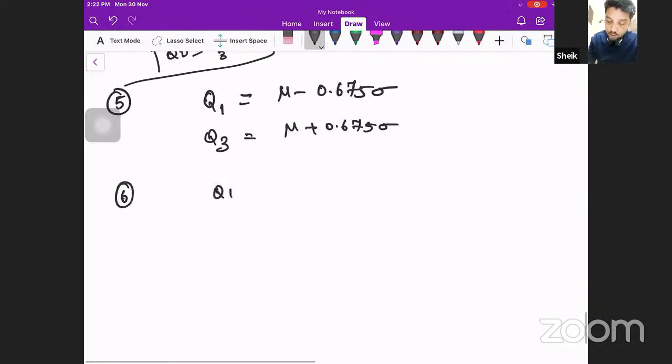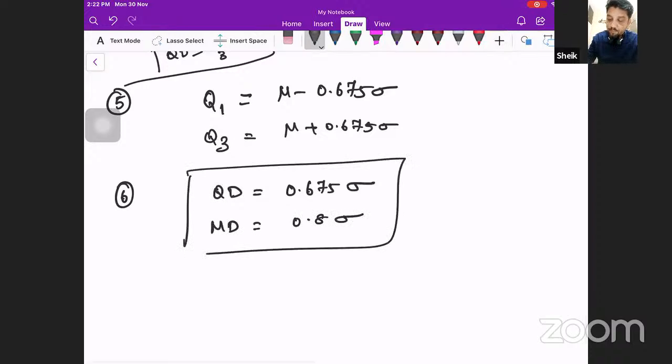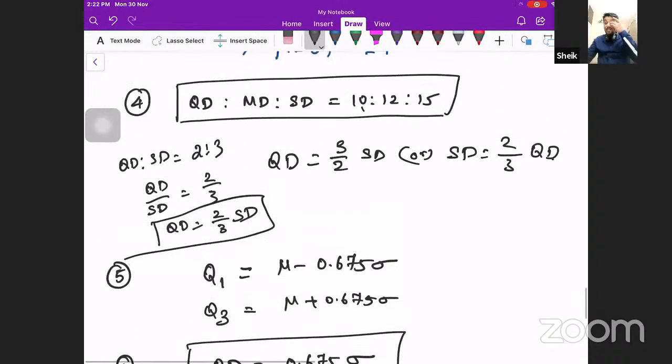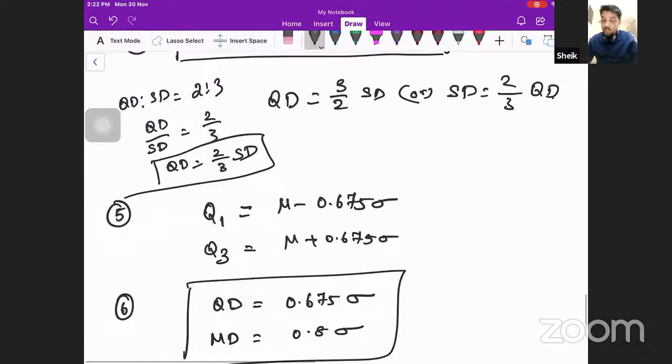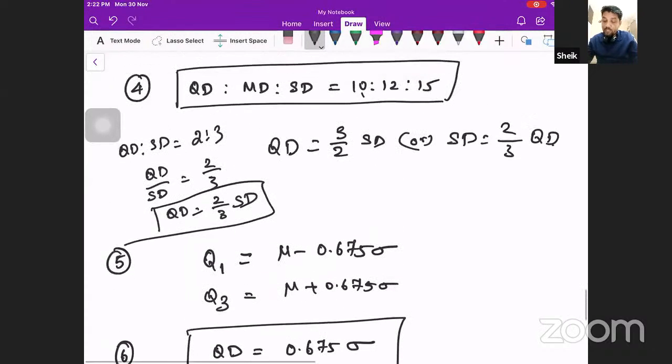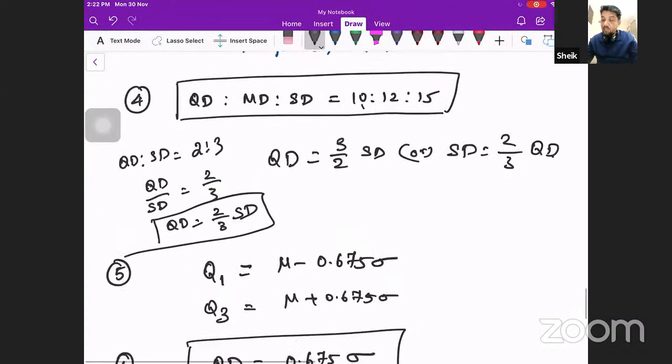Next point. QD is 0.675 sigma and MD is 0.8 sigma. From here only we derived this. Look at this, QD is equal to 0.675 sigma. Is it 3 by 2?